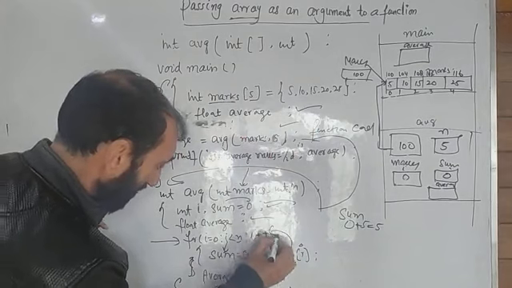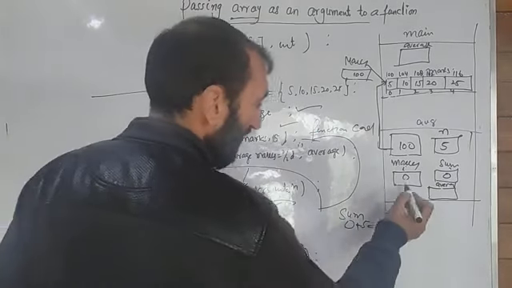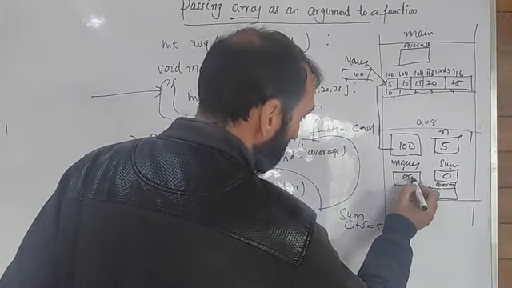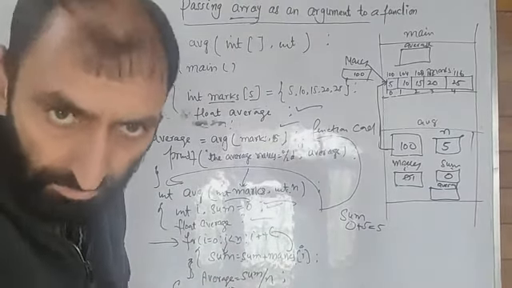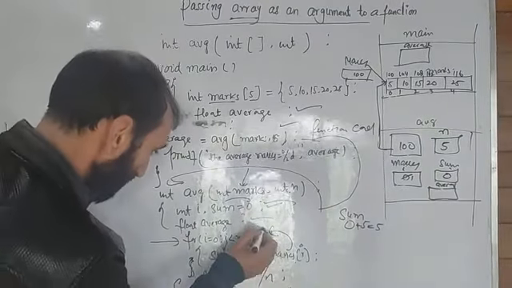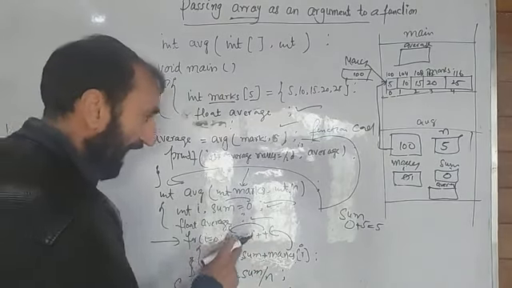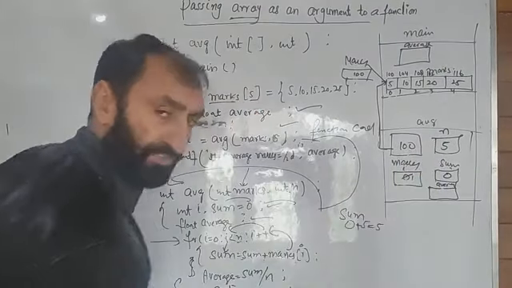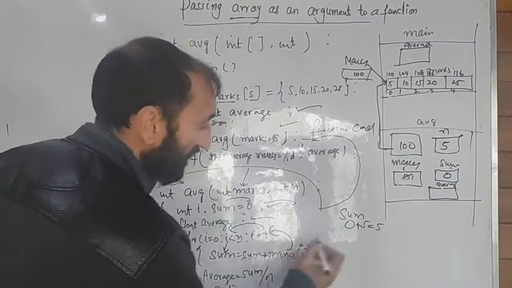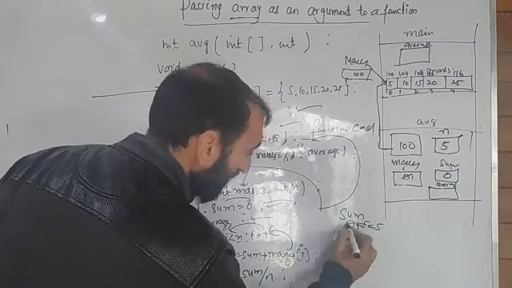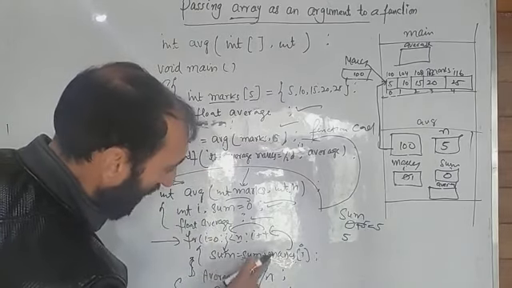After that, control will reach i plus plus. i was 0, it becomes 1. 0 plus 1 equal to 1. Then control checks i less than n. 1 is less than 5. Yes, the condition is true. Sum equal to sum plus marks of i. Sum is 5, plus marks of i.